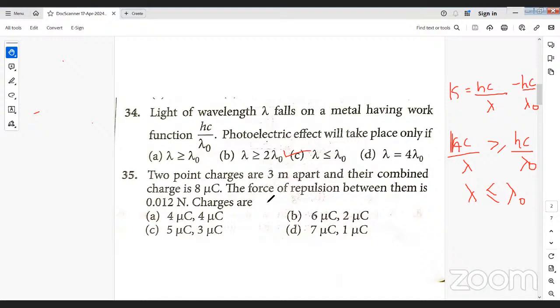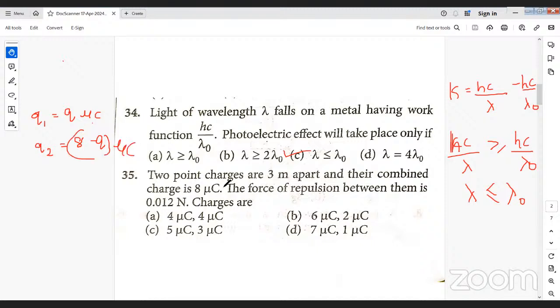Two point charges are 3 meter apart and their combined charge is 8 microcoulomb. The force of repulsion between them is 0.012 Newton. Charges are. Yes, what they are saying here, that is Q1 is equal to Q microcoulomb and Q2 is equal to 8 minus Q microcoulomb.